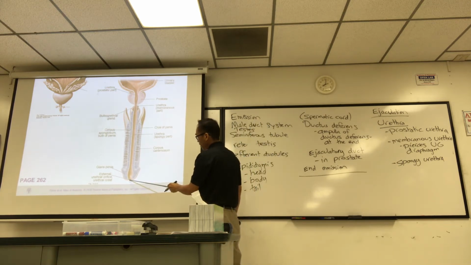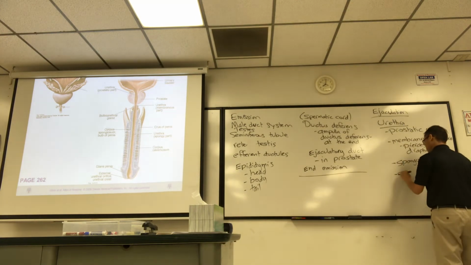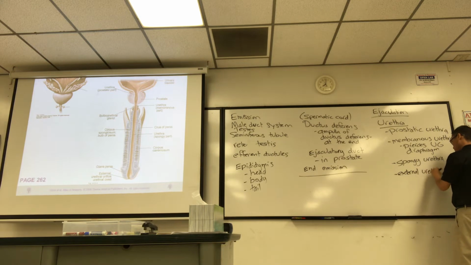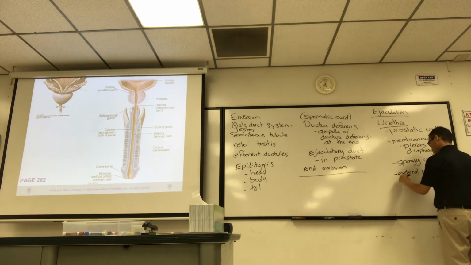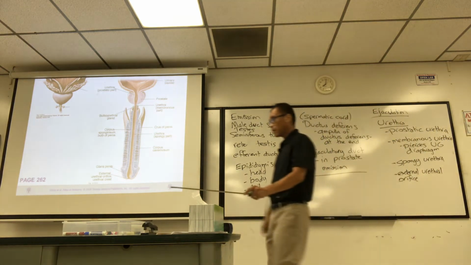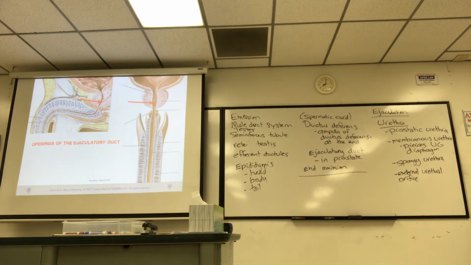The orifice at the end is called the external urethral orifice. All told, the urethra is about 8 inches in length, and it's much longer than in females, as we'll see. The red arrow is pointing to the openings of the ejaculatory duct. That's how you get in there.